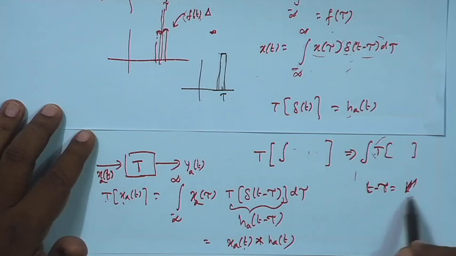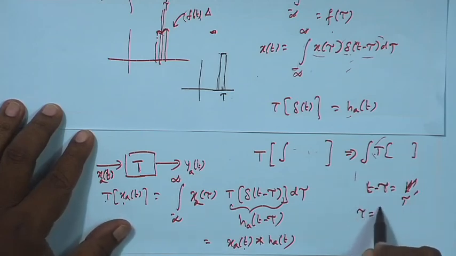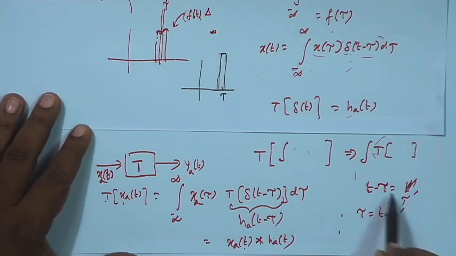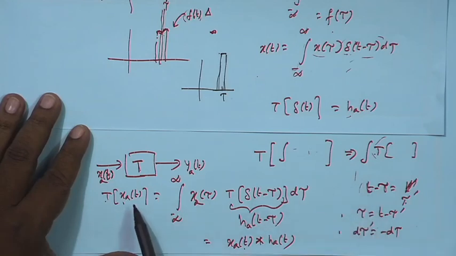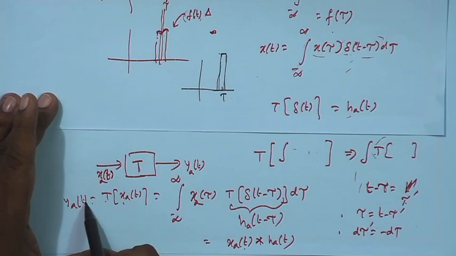Or maybe tau prime, say t minus tau, I call it tau prime. So, tau will be t minus tau prime. This is number 1. Number 2, d tau prime is minus d tau. Small t is fixed from outside. You want to find out output at a particular time, y a t. So, t is fixed from outside, that t is not variable. You want to find out the output at that t.